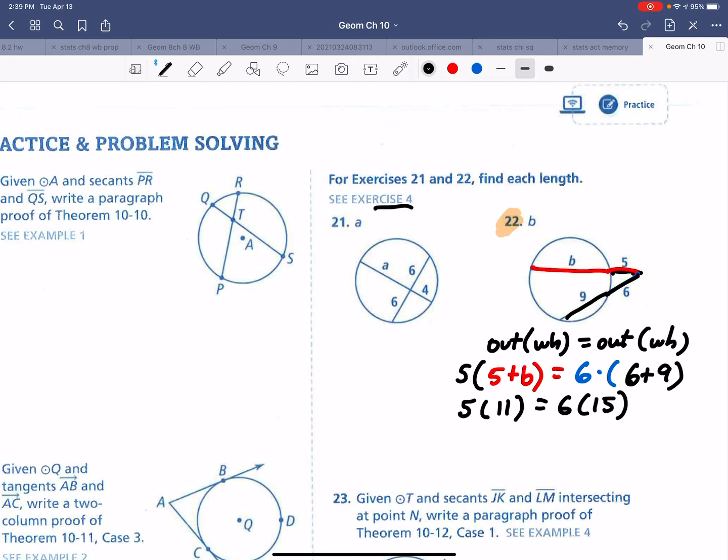Oh, and that's 5 plus b, that's not an 11. What was I thinking? Thought that was a 6. So this side is still 5 plus b.